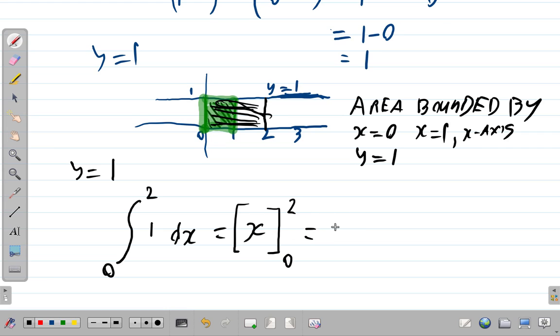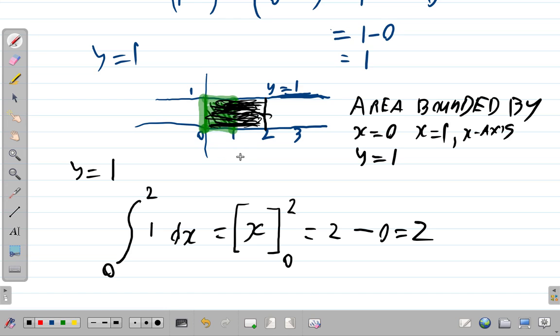Substituting 2 for x gives 2, minus 0 substituted for x gives 0. 2 minus 0 is 2. So you see the shaded area here is really 2.